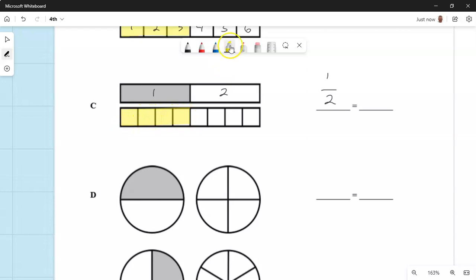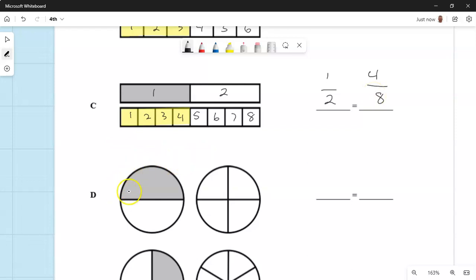It looks like I got 1, 2, 3, 4 parts shaded to make it equal to that one. So my numerator is going to be 4, and I've got 5, 6, 7, 8 total parts. So in this case, 1/2 is equal to 4/8.